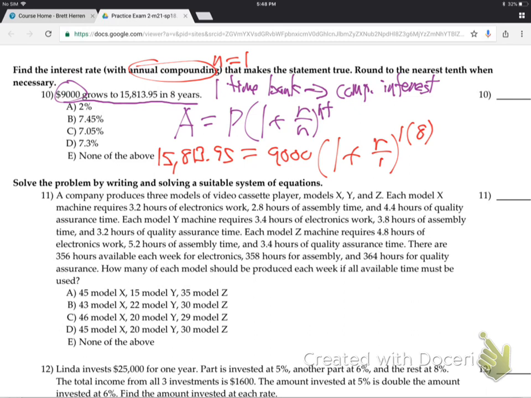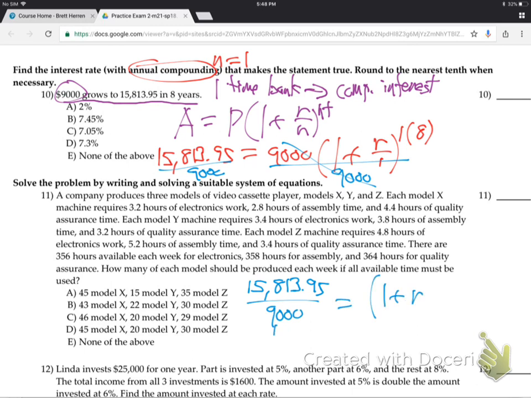So how do we solve that? To solve that equation for r, I'm going to divide both sides by 9,000. I get 15,813.95 over 9,000 equals 1 plus r to the 8th. Now how do we solve for r? We raise both sides to the 1/8 power, which cancels out that 8.